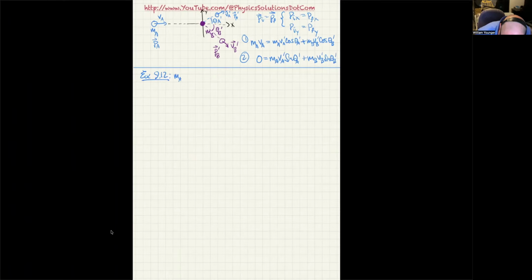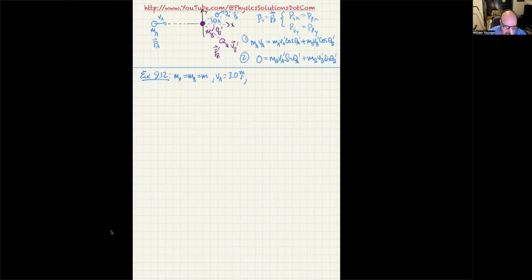So what we have is MA is equal to MB, which is just plain equal to M. That means we can get rid of the masses, and that'll be kind of handy. We also know that VA is 3.0 meters per second. The drawing tool started drawing its own lines, which I didn't want.